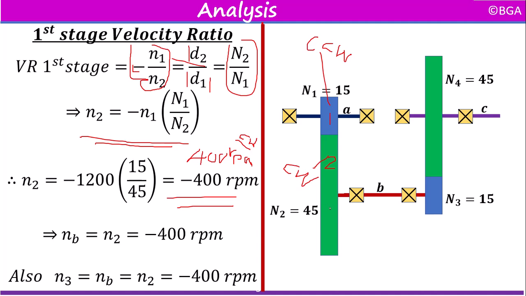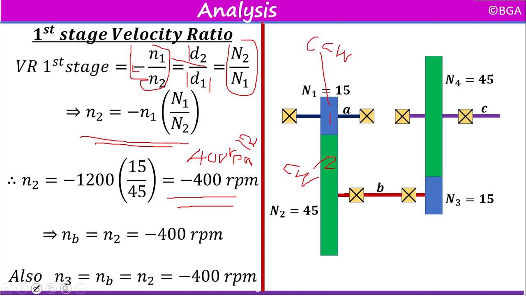So this is the RPM of gear 2. Now gear 2 and gear 3 are mounted on the same shaft. They are mounted on the same shaft securely. So shaft B also rotates with the same speed as gear 2, which is 400 RPM.